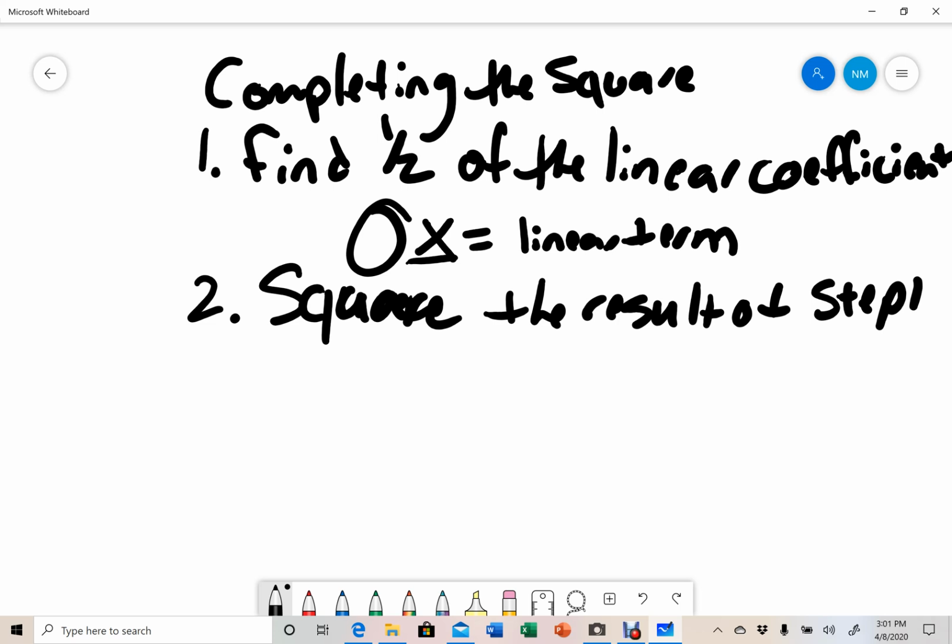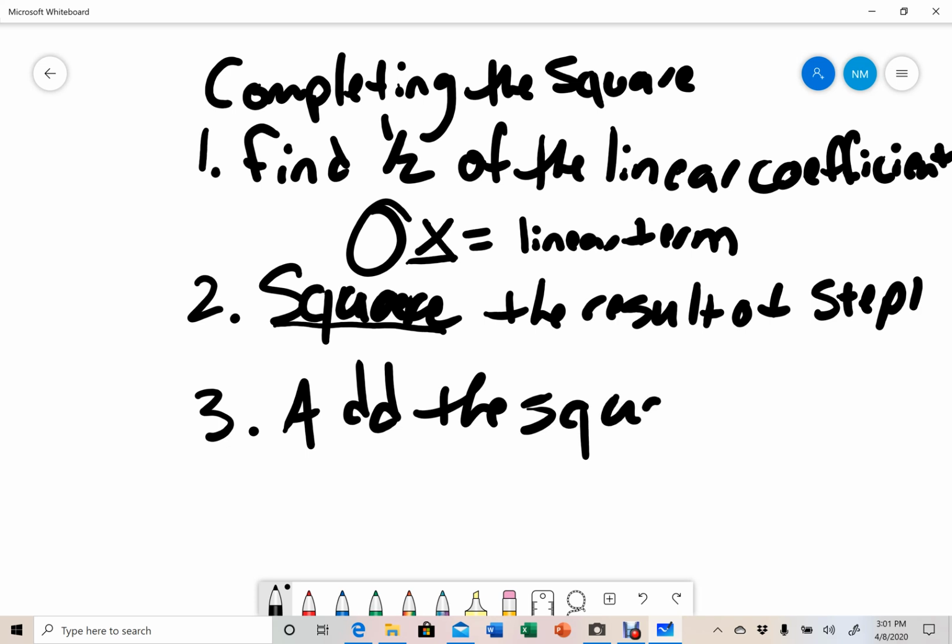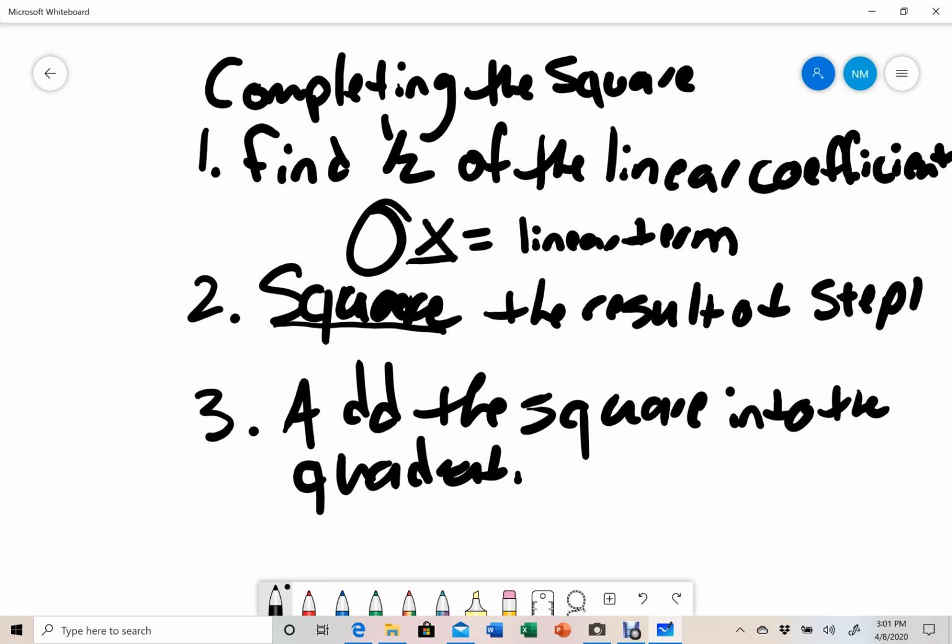We're going to take that answer and square it for step number 2. And then in step number 3, we're just going to add that square into the original quadratic equation.